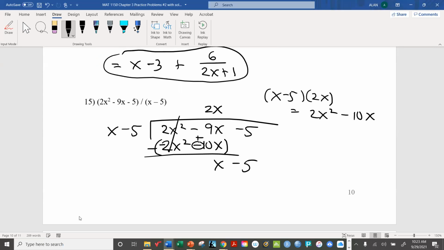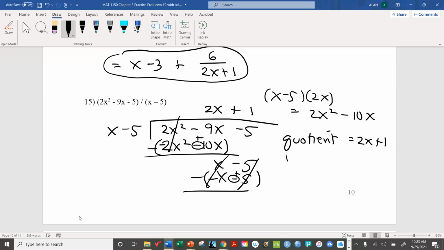Oh, so then we'll put 1 here. What do you know? How do you like that? So in other words, in this case, the quotient is 2x plus 1, and there's no remainder.